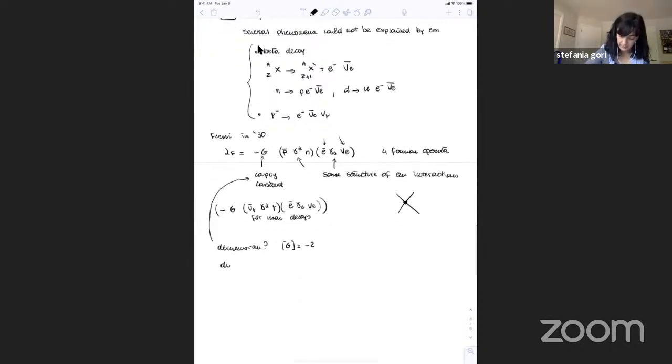Using dimensional analysis, what we expect is that the width for a muon to decay to an electron and 2 neutrinos will be proportional to G squared, the coupling constant squared. This will give us 1 over the mass to the 4th power.